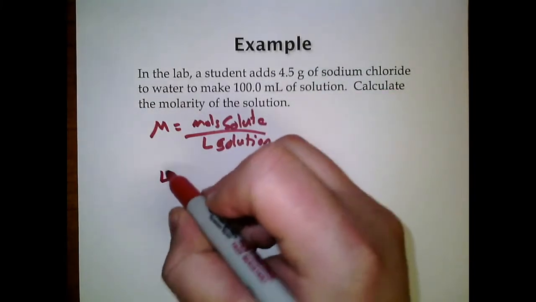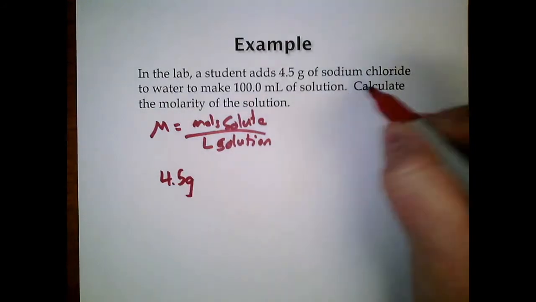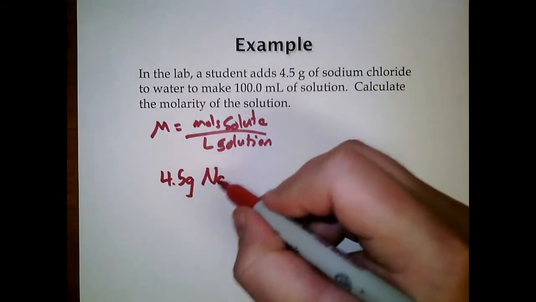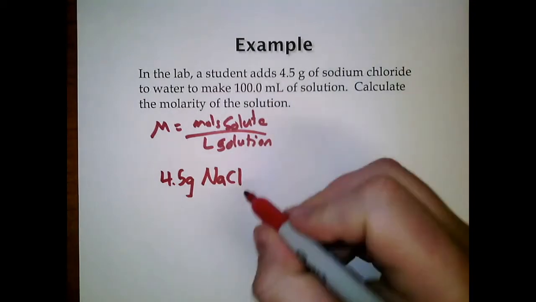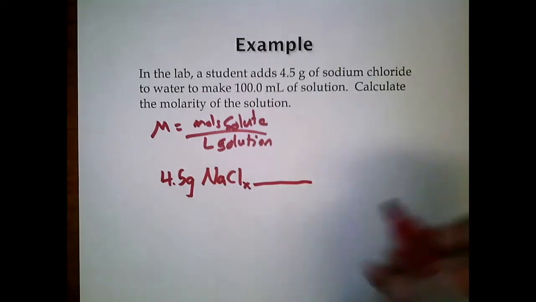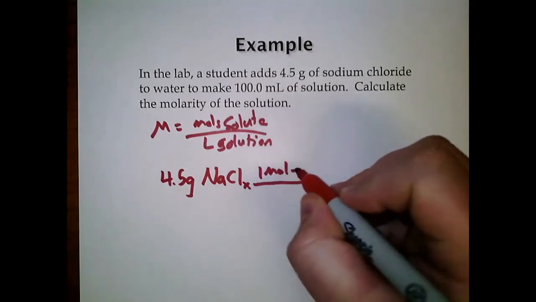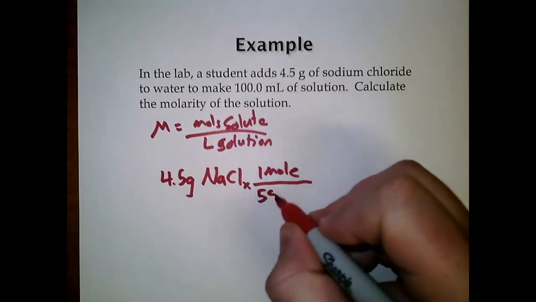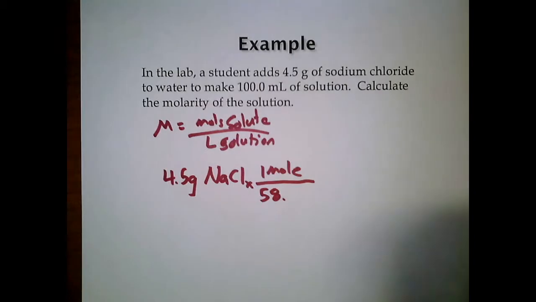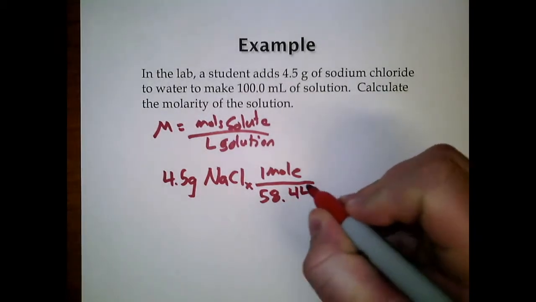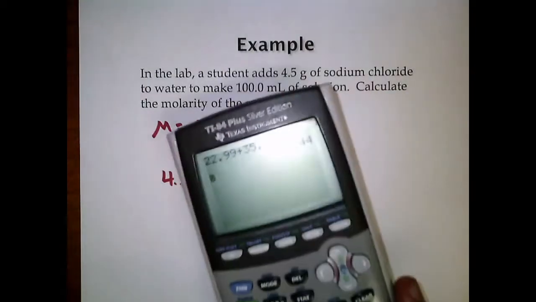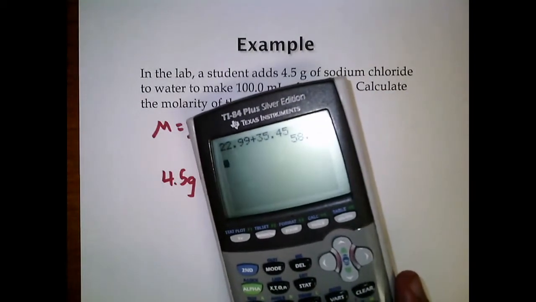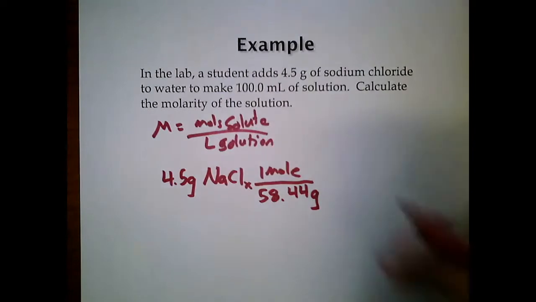So I'm given 4.5 grams of sodium chloride. The formula for that is NaCl, positive 1, negative 1, so it's a 1-to-1 ratio. And then I'm going to convert that to moles. So 1 mole on top, and it's 58.44 grams per mole. I used the periodic table to calculate that, and I add together the molar mass of sodium and chlorine to get my answer there for the molar mass.